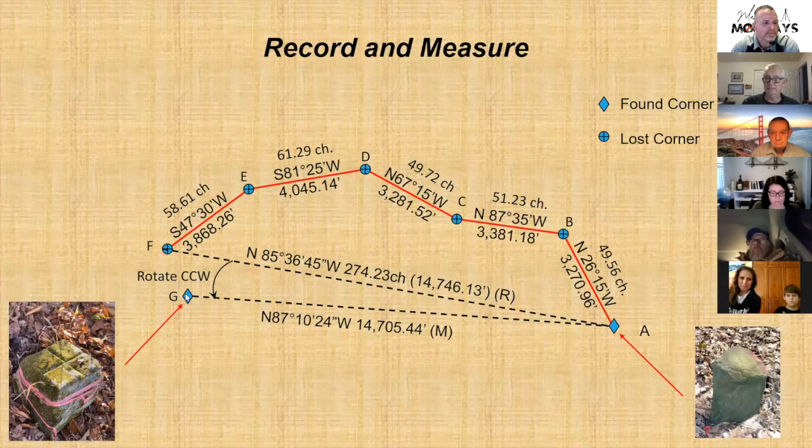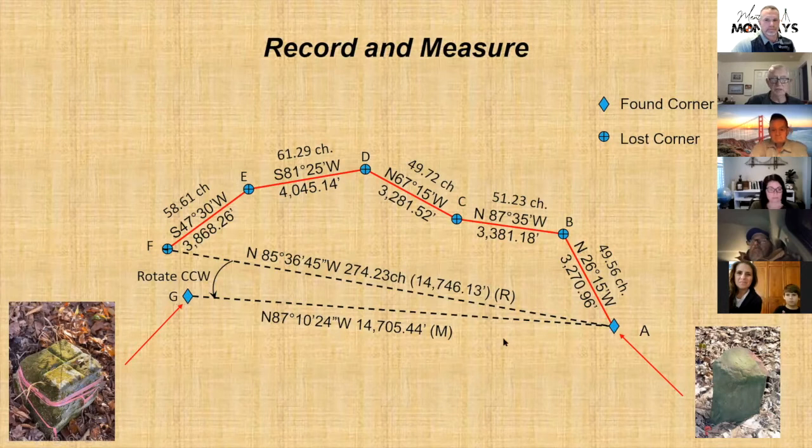Don't forget that. So we inverse between these two and between these two, and we have a bearing and a distance between A and F. We have a bearing and a distance between A and G.